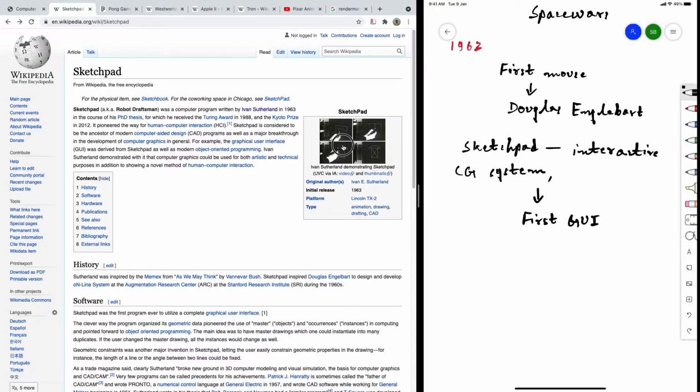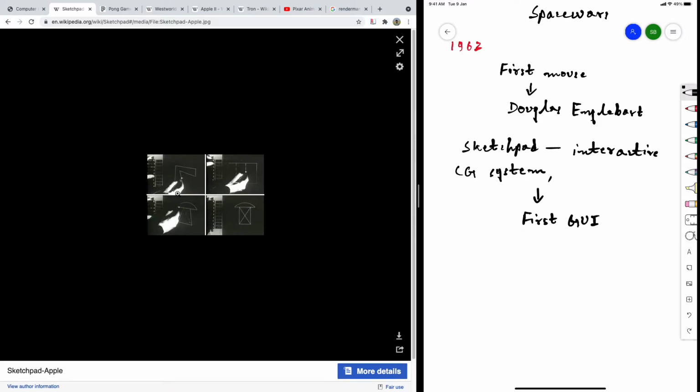Here you can see the scientist called Ivan Sutherland, the person who made this.